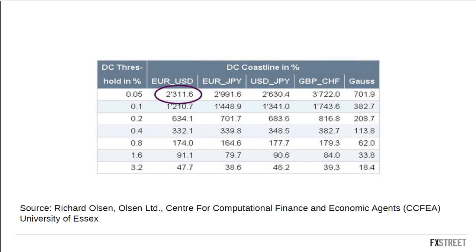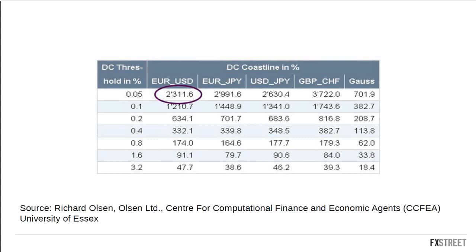There is a material that has been very useful in understanding the concept of coastline and the potential in terms of price movement. Here we have a table where I've highlighted, under the euro-dollar column and corresponding to the threshold line 0.05%. What does this mean?